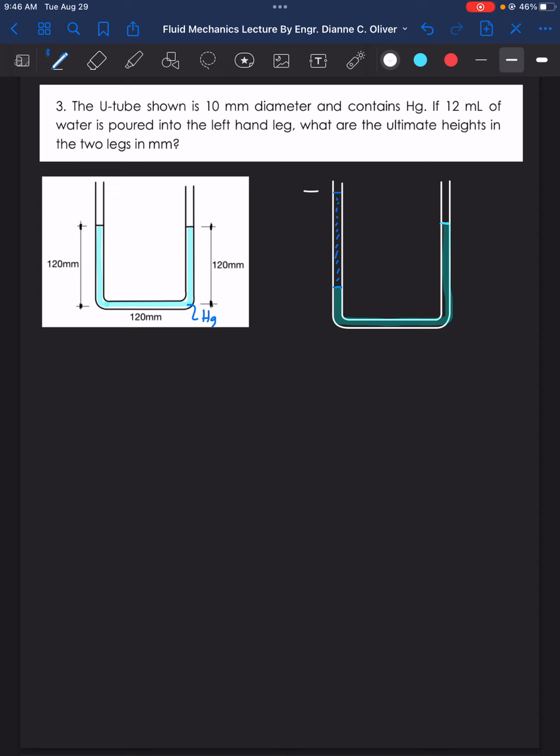This one here is unknown, the height here. And also this one here is unknown as well. So let's assign those as X and Y. Don't know yet. How about the right side?